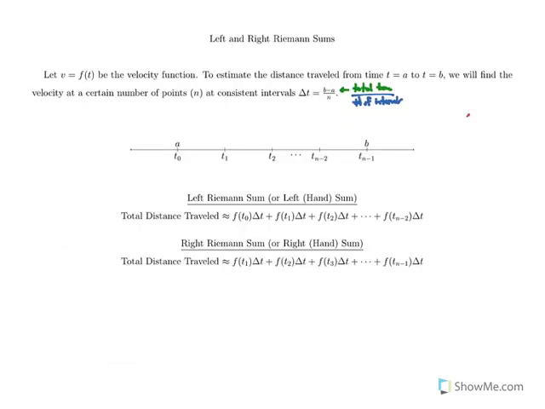So now where we're at, we're just saying in general, we're going to have the total time that we're looking at, b minus a, divided by the number of intervals or number of points we're going to look at, is our delta t. It's our change in time on each interval. And we're going to look at the velocity at a certain number of points.